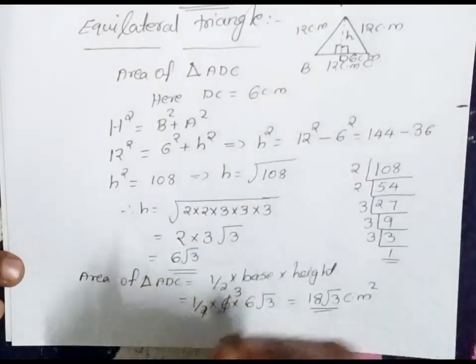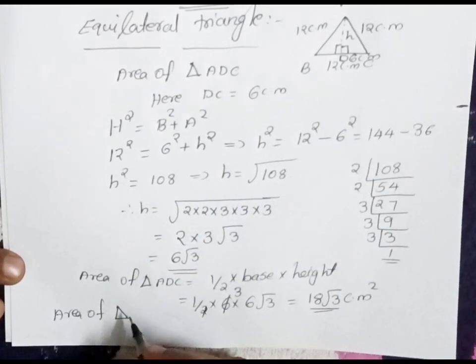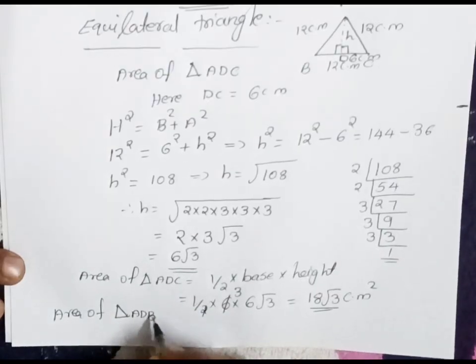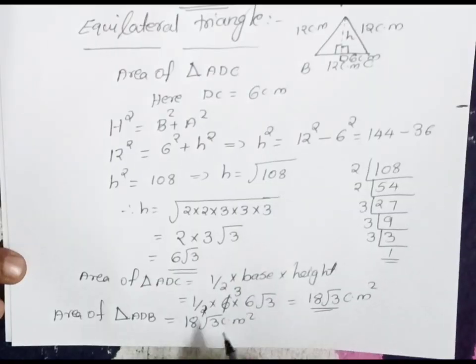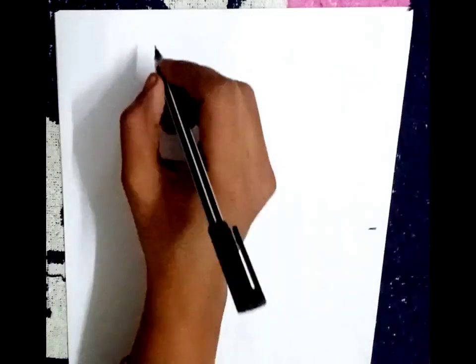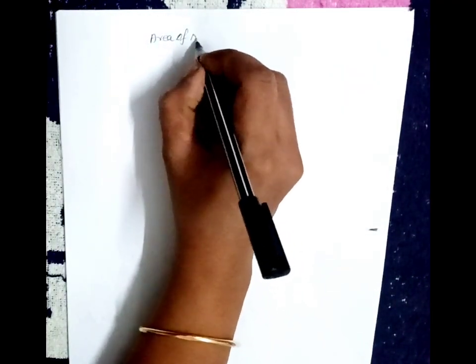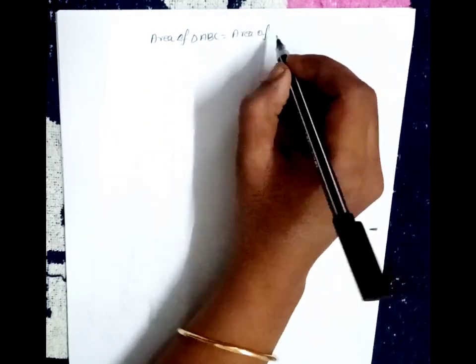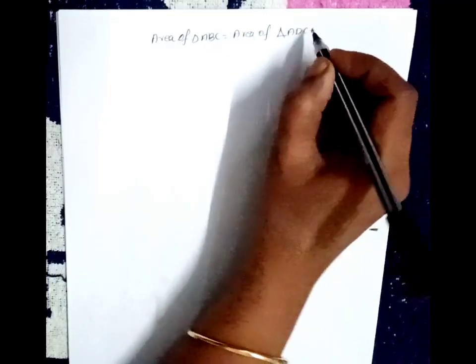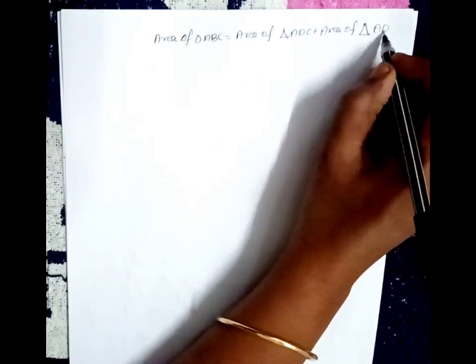In the same manner, we can find out the area of right angled triangle ADB. This area is also equal to 18 root 3 centimeter square because of the same length and height. Therefore, area of an equilateral triangle ABC equals area of right angled triangle ADC plus area of right angled triangle ADB.